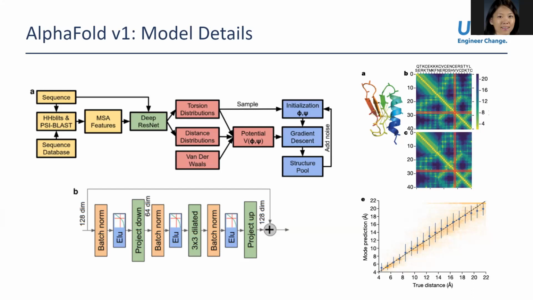I'm guessing, since I haven't read the paper, that the structure pool is a way to confine the search space. We already know maybe around 200,000 protein structures from crystallization, and that gives you some idea about what the distribution of protein structures may look like.